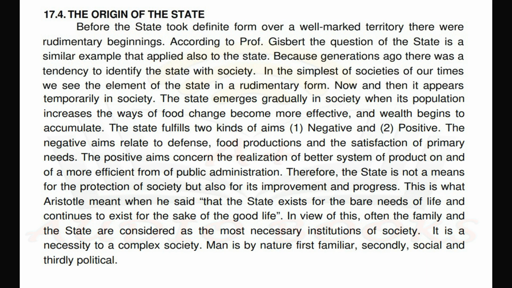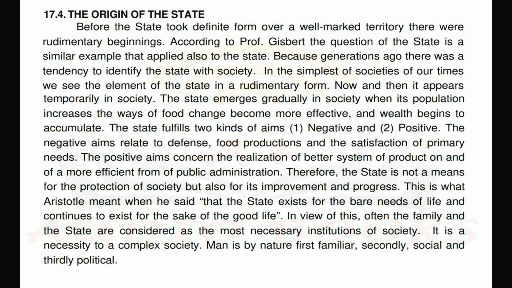Because generations ago, there was a tendency to identify the state with society. In the simplest of societies of our times, we see the element of the state in a rudimentary form. Now and then it appears temporarily in society. The state emerges gradually in society when its population increases, the ways of food getting become more effective, and wealth begins to accumulate.